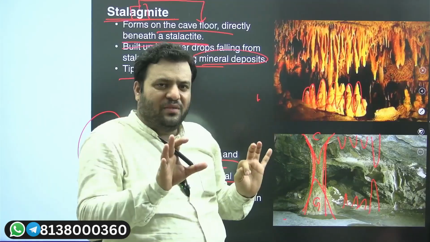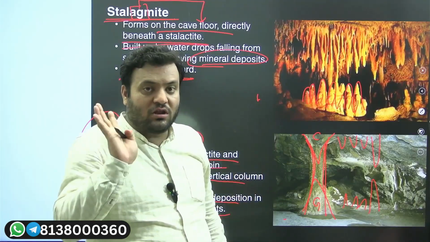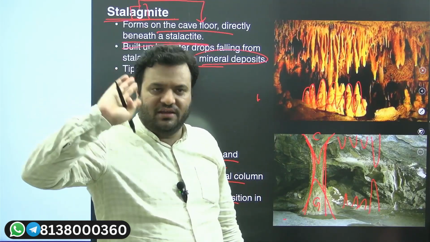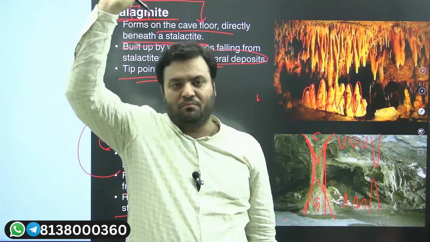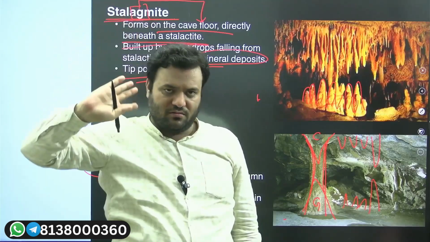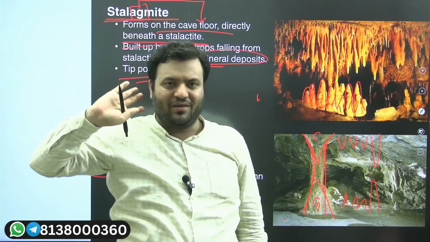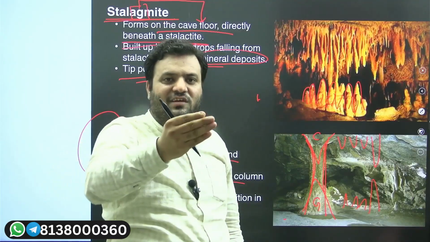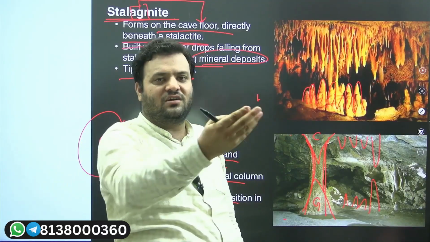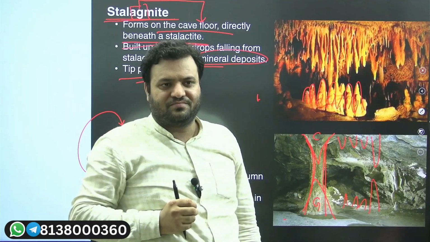That means this cave is newly formed. For geography, newly means it could be 100 years. For geography, older means around 3 billion, 4 billion years. That is the reference of ages within geography. When we talk about 1,000 years or 100 years, that is like yesterday's thing for geography.